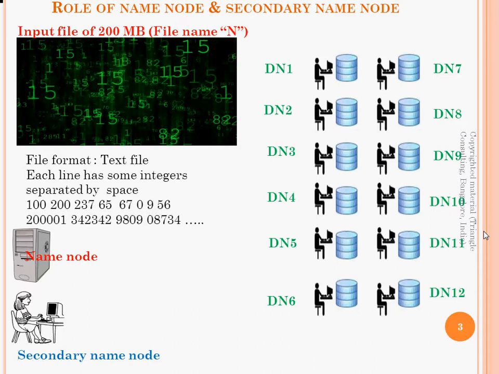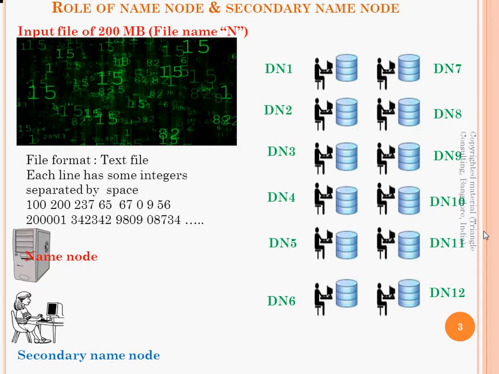Now, let's take for example a 200 MB input file. Let's assume that the name of the input file is N, the letter N. This file is a text file which is filled with numbers separated by space. The numbers are, for example, 100 space, 200 followed by space, 237 followed by space, 67, and so on.